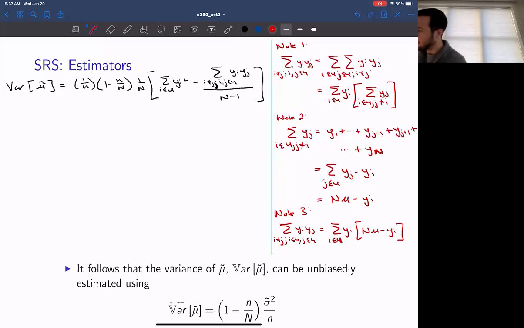All right. And then if we solve this out, we can show that this is just n squared mu squared minus the sum over i in u of yi squared.